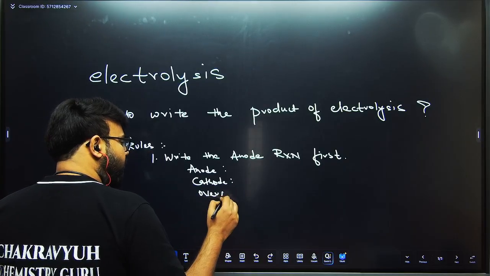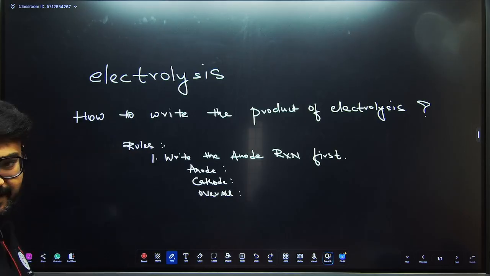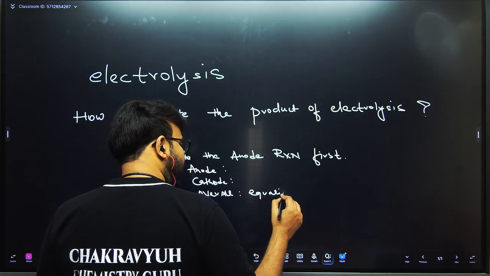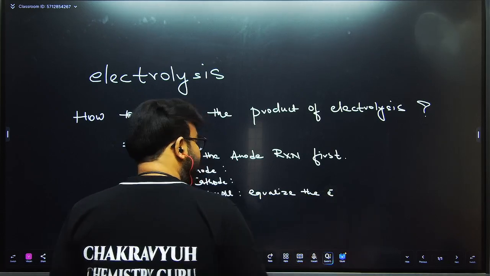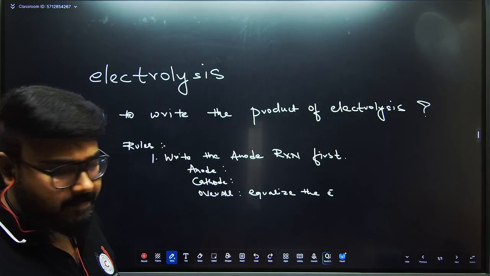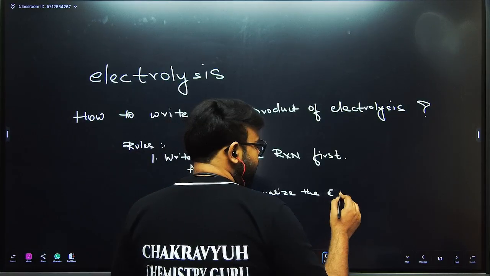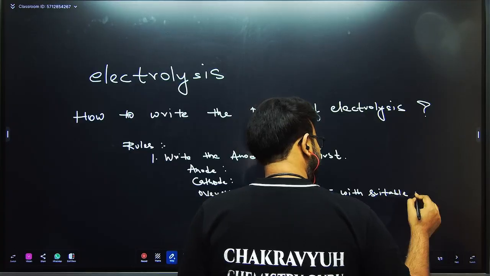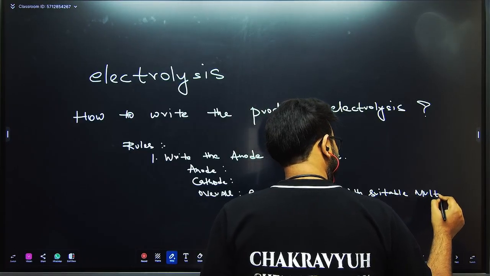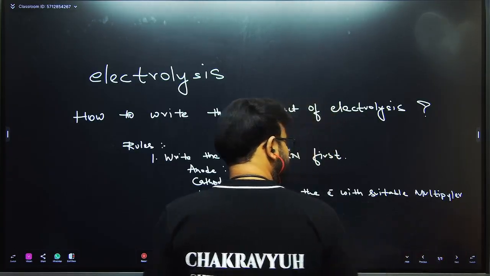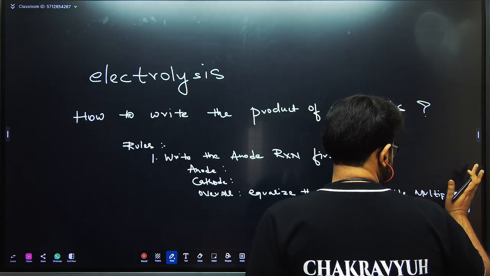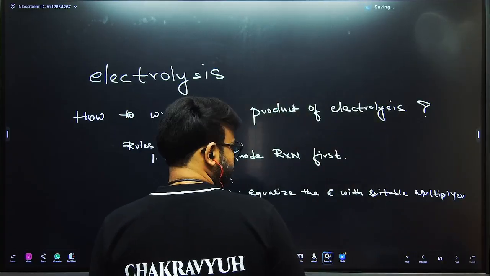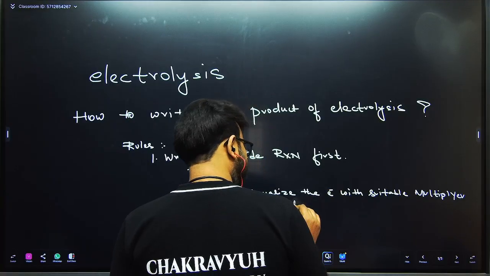So in overall, what do we do? We balance the electrons, right? We equalize the electrons with a suitable multiplier, if needed.